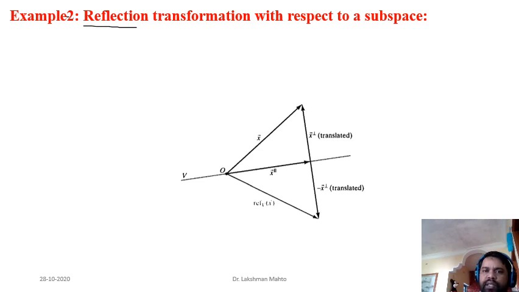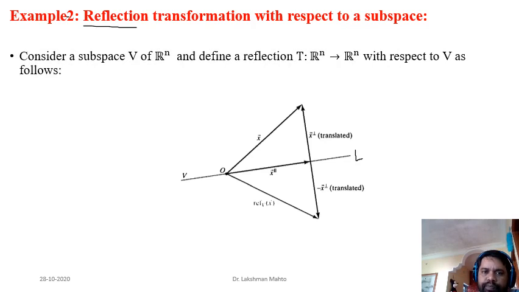So if you define a reflection with respect to some subspace, then that reflection transformation happens to be an orthogonal transformation. So here I have taken a subspace. Here the subspace is a line. With respect to this line, we try to reflect every point of the given two dimensional space.